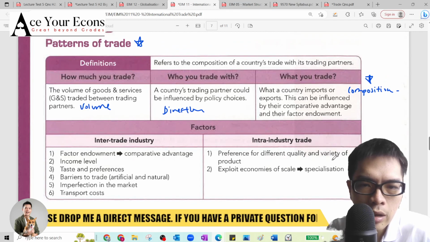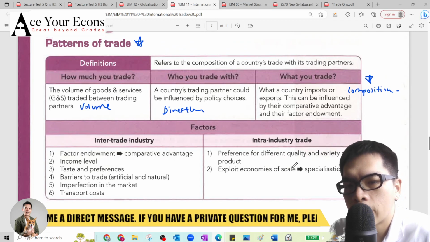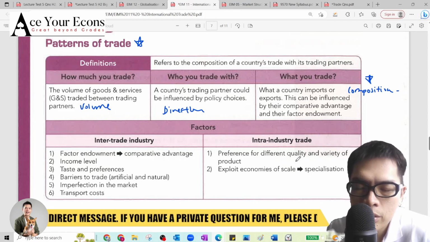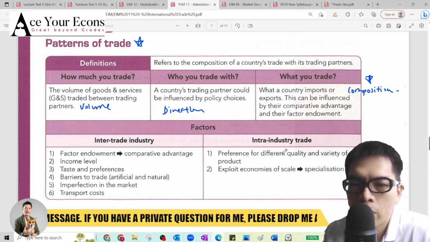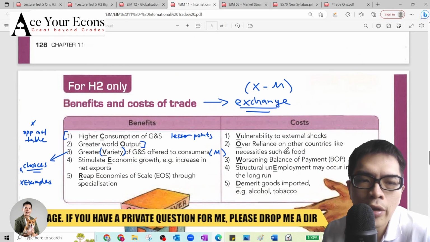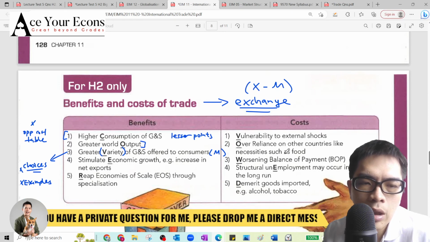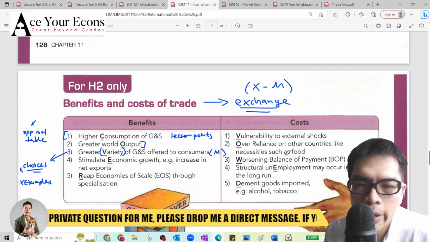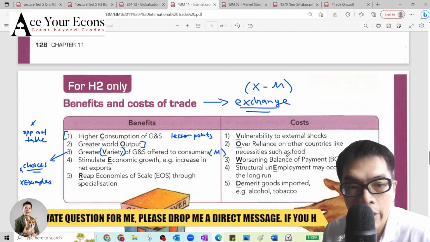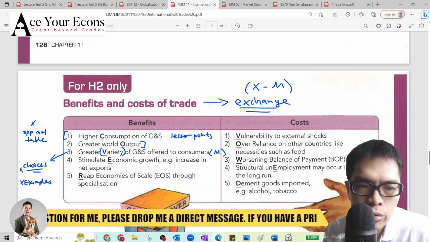For intra-industry trade, the main preference is for differentiated goods. Same kind but differentiated good. So for instance, if I don't feel like having strawberries from South Korea, I can acquire or eat strawberries from United States. Different variety, right? Maybe they have a different degree of sweetness. So make sure you bring in examples.